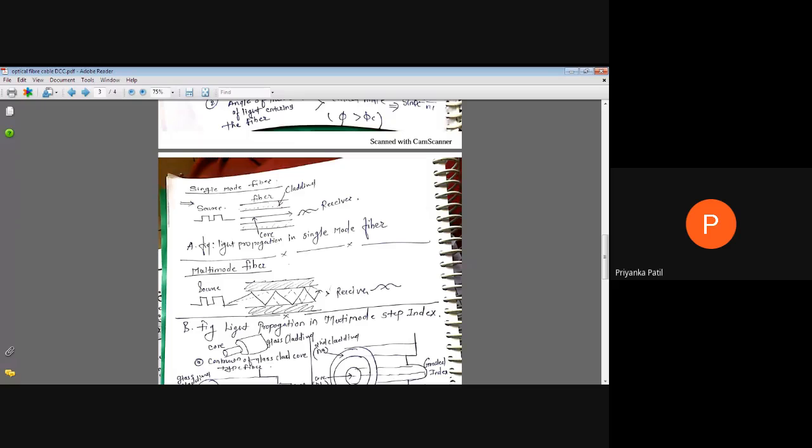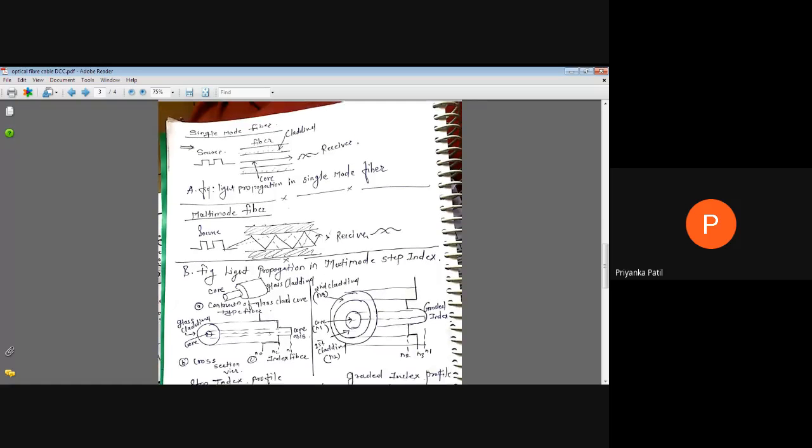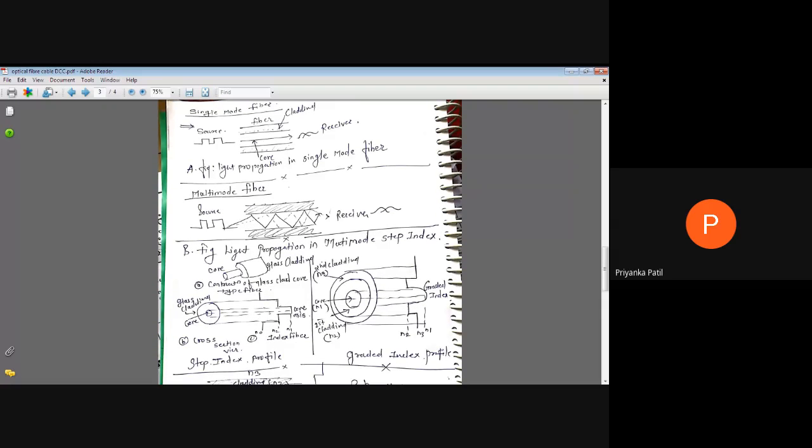Next is the multimode propagation fiber. Why is it called multimode? Because it supports the simultaneous propagation of multiple, or many, modes. The incident light follows different paths from source to destination, so multiple paths are available.